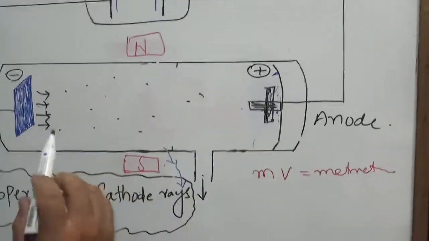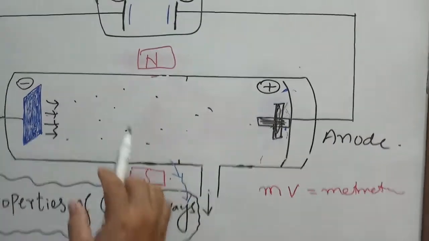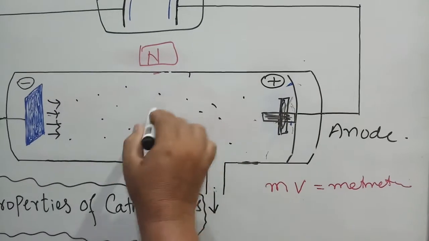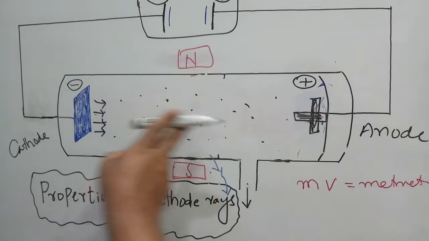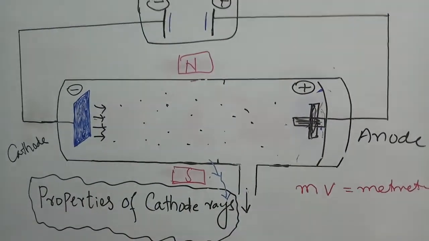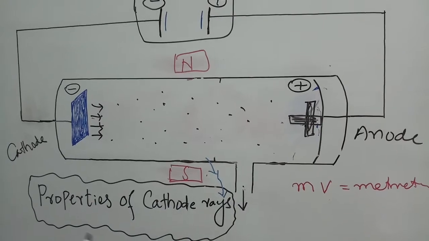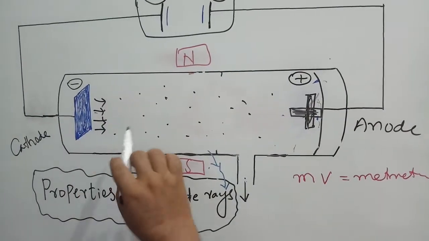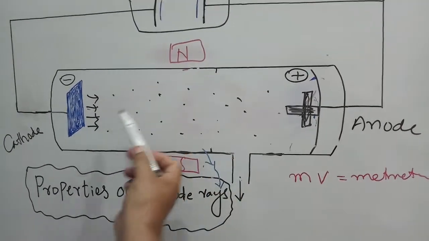This is the origin of the cathode rays. Cathode rays are produced by the ionization of the gas or air present inside the tube, not at very high pressure, but at low pressure. Some cathode rays are also ejected by the metal plate, but most are formed by ionization. Cathode rays are actually electrons, formed by the ionization of the gas.